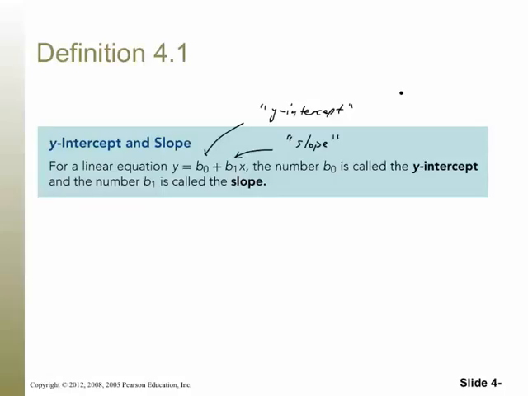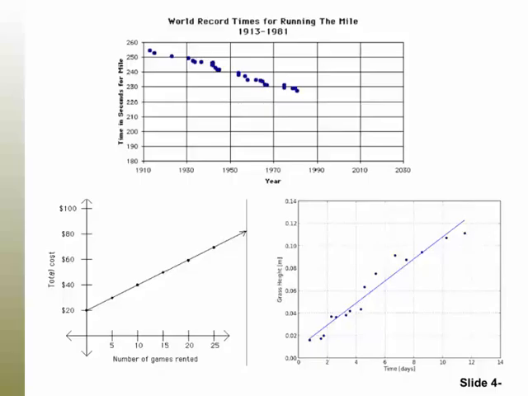So let's go back and analyze the ones that we already looked at in terms of this idea. So we're saying that y equals b naught plus b1x.